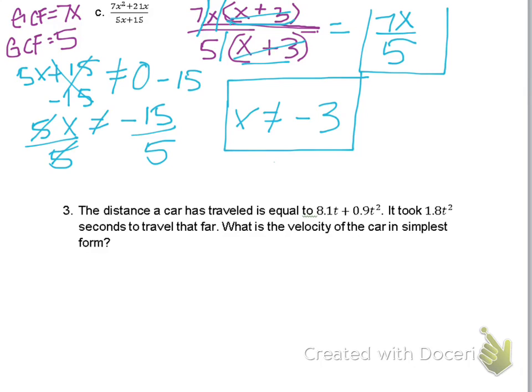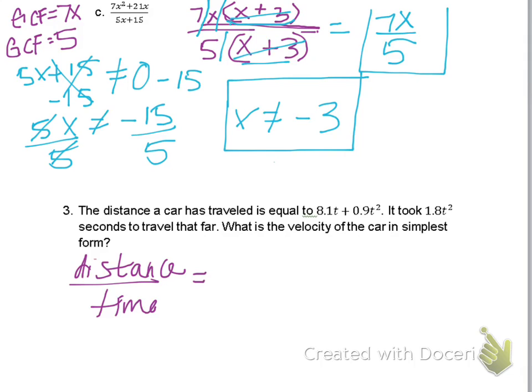Okay, and one last example here. It's a story problem. The distance a car has traveled is equal to 8.1t plus 0.9t squared. It took 1.8t squared seconds to travel that far. What is the velocity? So velocity is going to be distance over time, just like speed.